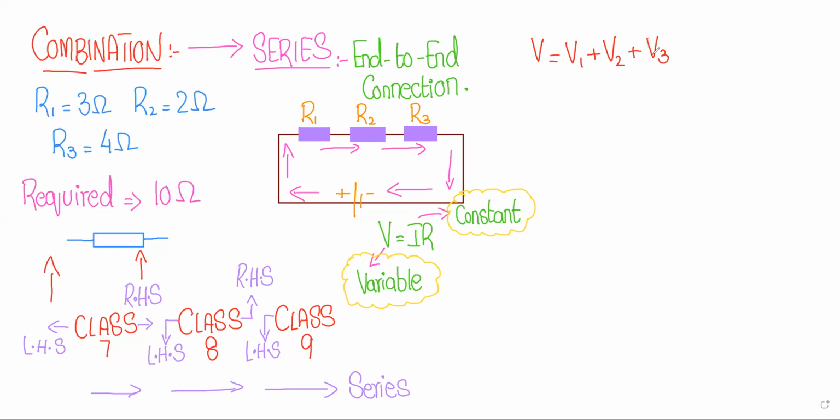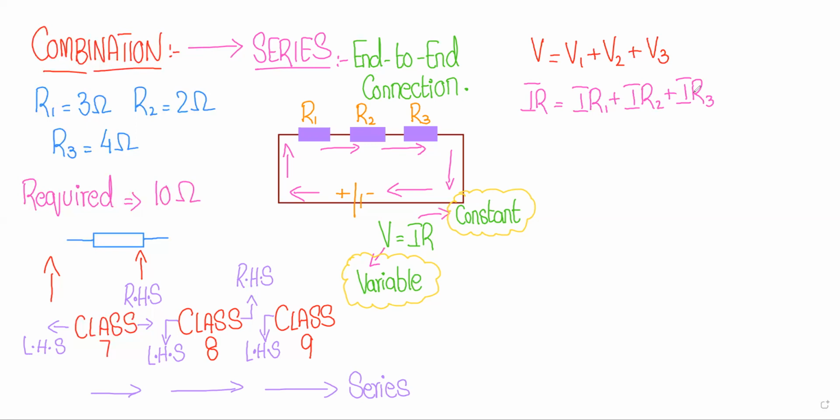According to Ohm's law, V is equal to IR. Because I is constant, we are not writing I1, I2, or I3. So we only write IR1, IR2, IR3, right? This is the combination. And current is constant, so we can take it common and cancel it out on the other side.